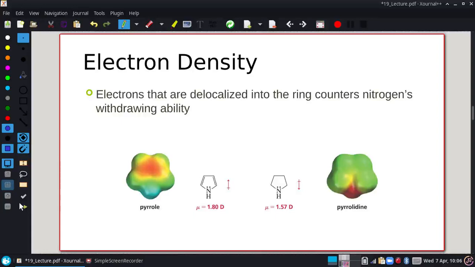That really affects the chemical reactivity of pyrrole, but it also affects the boiling point and melting point, because the dipole moment is then going towards that big, huge red density. On pyrrolidine, where it's just a nitrogen in a 5-member ring, all the electron density is located directly on the nitrogen itself. The dipole moment's going in the complete opposite direction. So totally different properties just based on that aromatic ring.